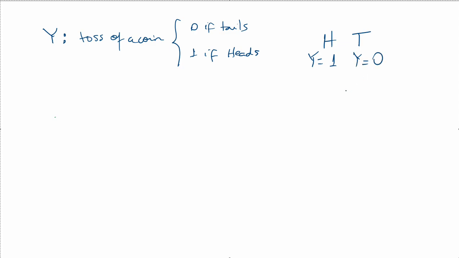Okay? How can we do this PDF? Remember, it's a table. So we start by doing a 2-column table where on the left I have to list the values that my variable can assume. In this case, it's not x, it's little y.